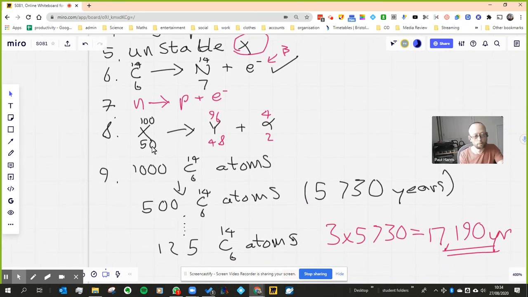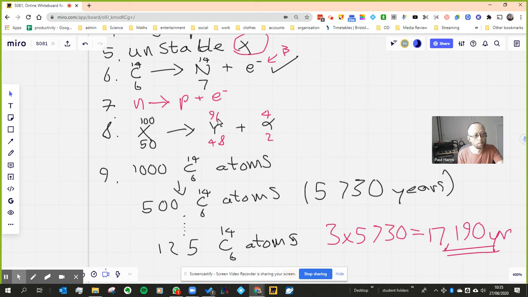We looked at alpha decay briefly, and we said, imagine we have an X turning into a Y. X has a mass number of 100 and an atomic number of 50. If we know it's going to be alpha decay, then we need to just remember that an alpha particle is a helium nucleus, which is going to have 2 protons, 2 neutrons, so atomic number of 2, and a mass number of 4. Because it's got 4 nucleons, we used the word nucleon a while ago.